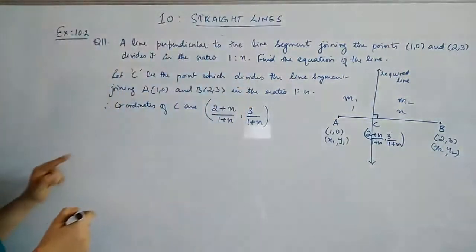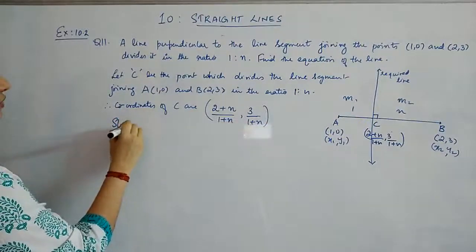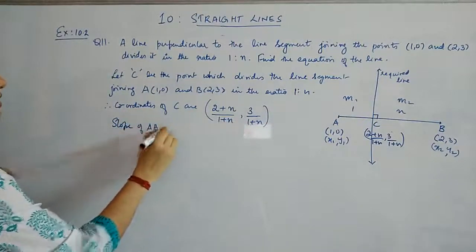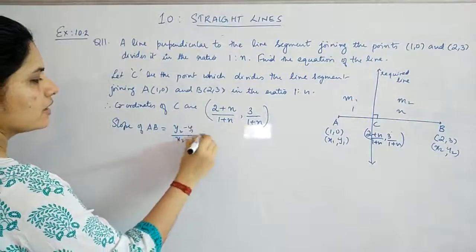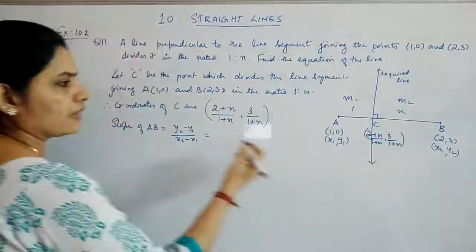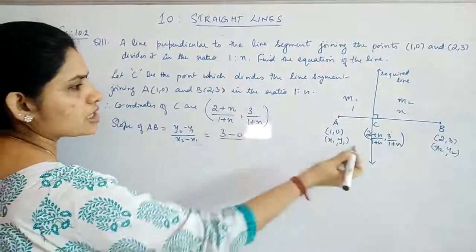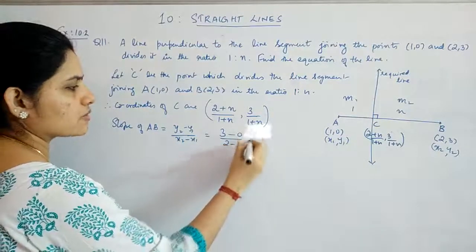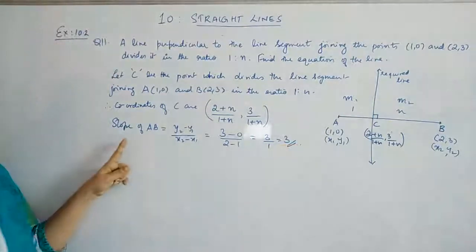Now what we are doing is finding out the slope of AB first. Okay, now slope of AB is equal to again y2 minus y1 by x2 minus x1 will give you, this is your x1, x2 and y2, y1. So you will get y2 is 3 minus y1 0 divided by x2, which is 2 minus 1. So you are getting 3 by 1, which is 3. So this is the slope of AB.